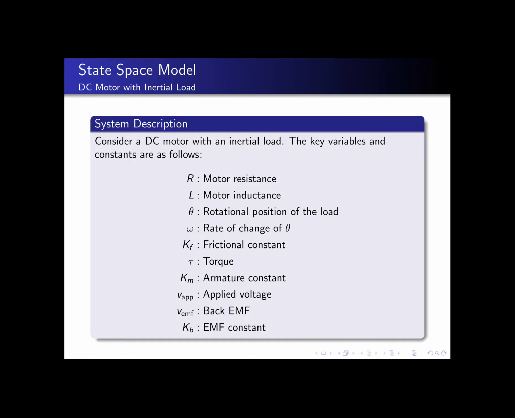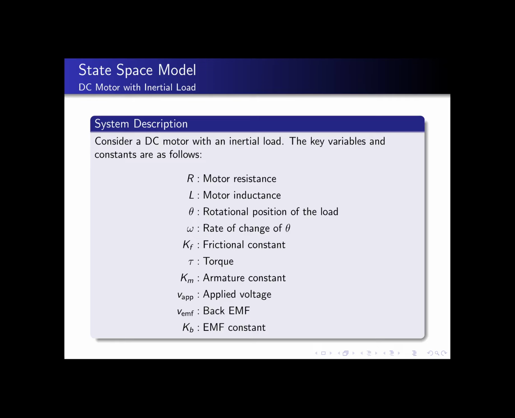What are the variables? Okay, so R is the motor resistance, L is the motor inductance, theta is the rotational position of the load, how much you've rotated the load by angularly, and its rate of rotation is omega. Then we have a frictional constant, a torque that's applied to the load.